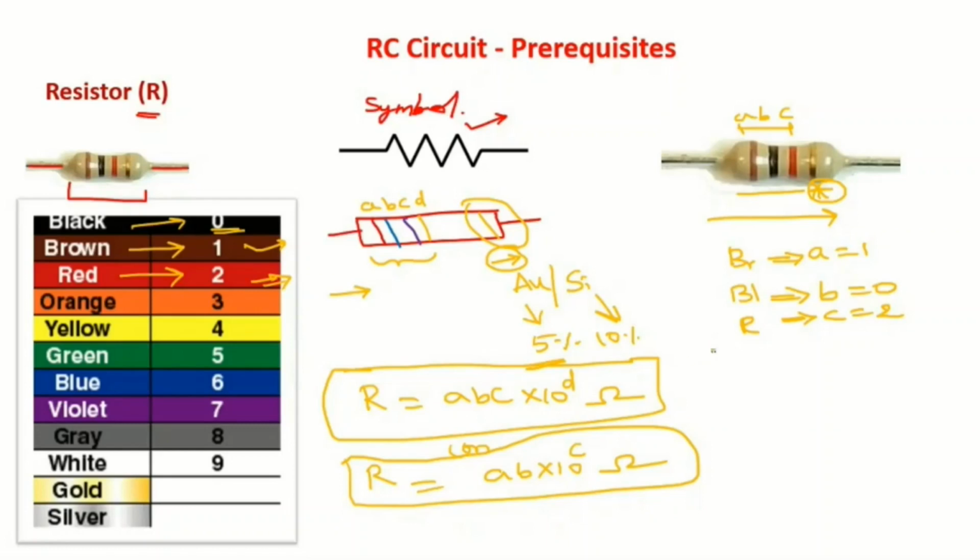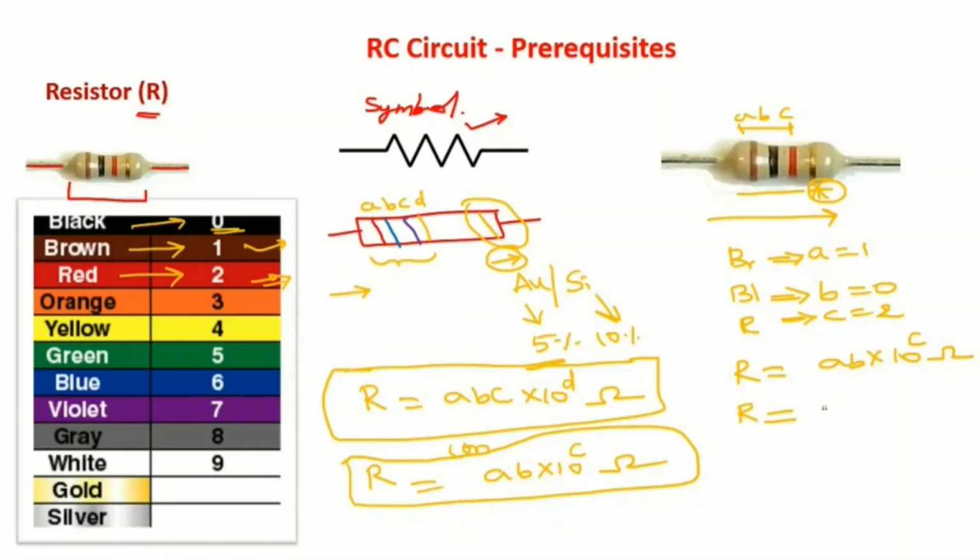Now, if there are only three colors on the left side, what is the formula for resistance? R is equal to AB into 10 power C ohms. Now, we just need to substitute the values of A, B, C, which are the numbers assigned to the respective colors, in this formula.